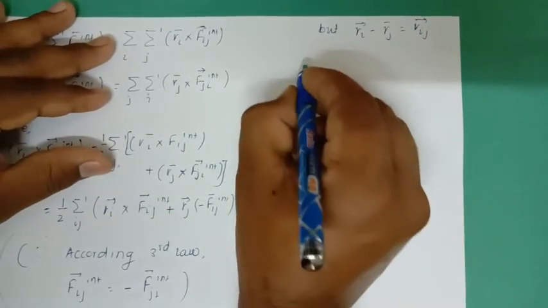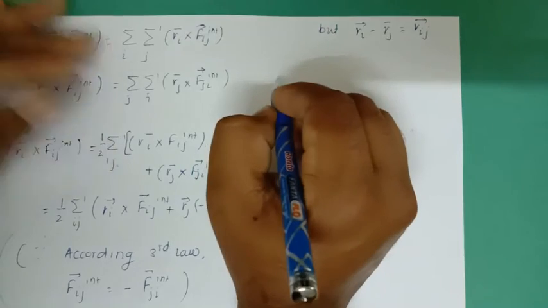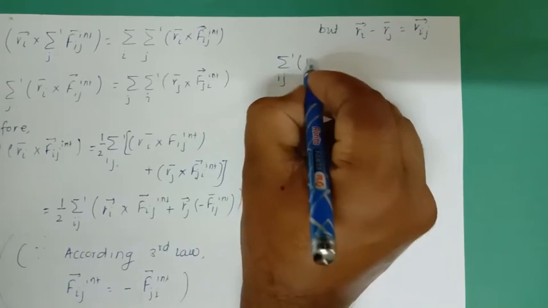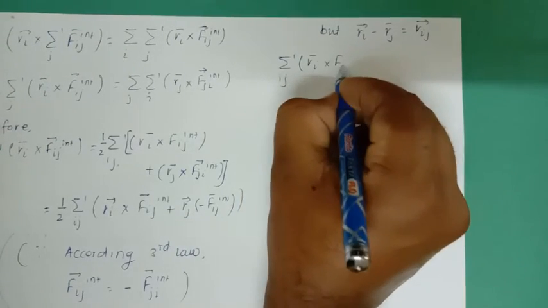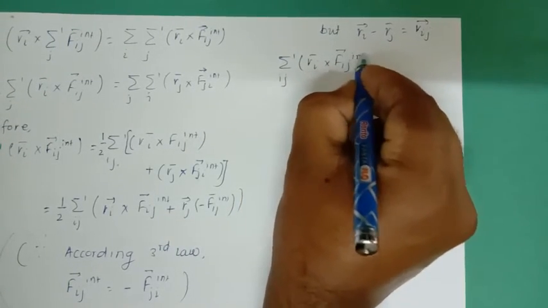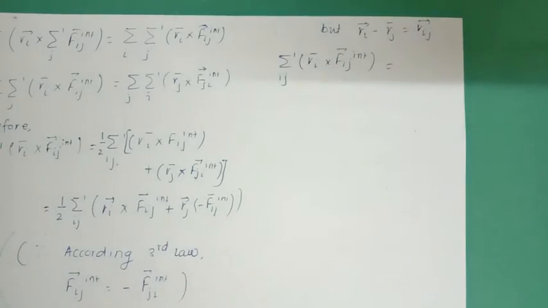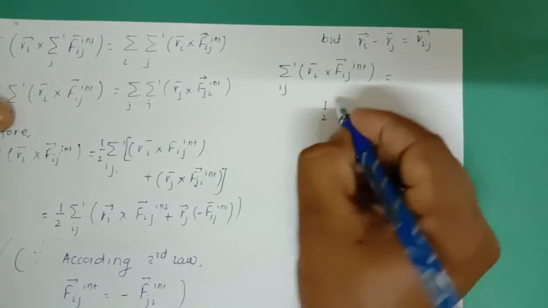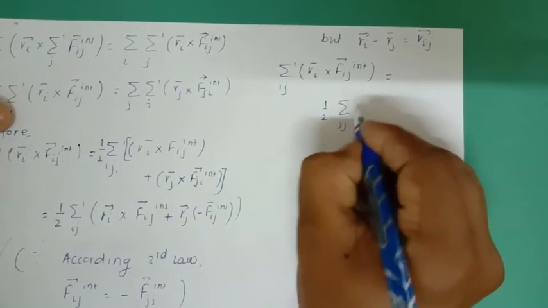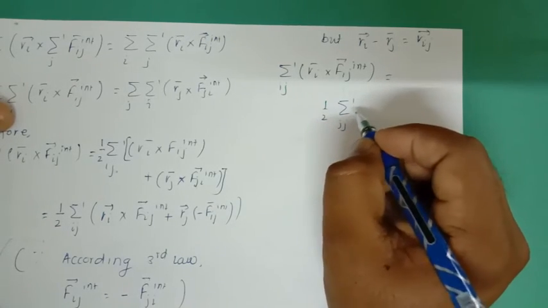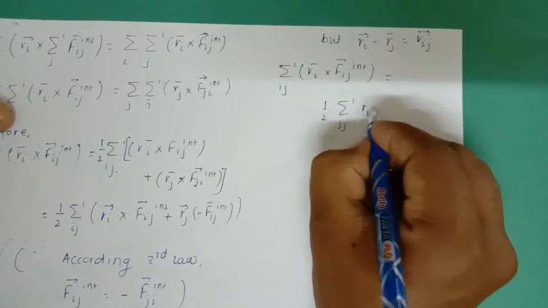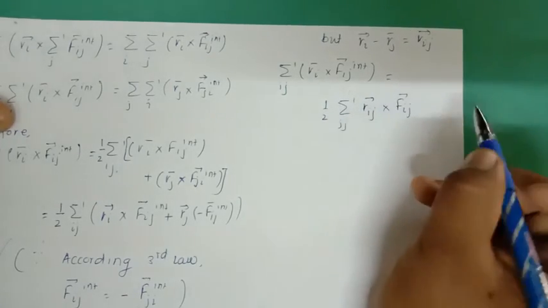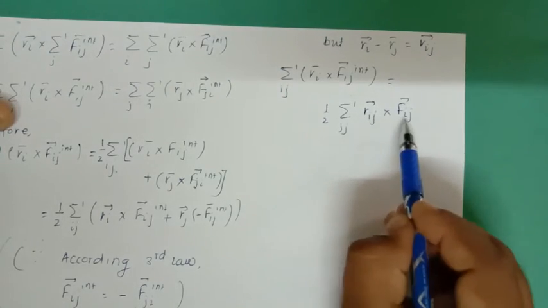I can write this equation as: summation over ij prime, Ri bar cross Fij internal, is equal to half summation over ij prime, instead of Ri minus Rj I write Rij bar cross Fij bar. Okay, so look at ij.